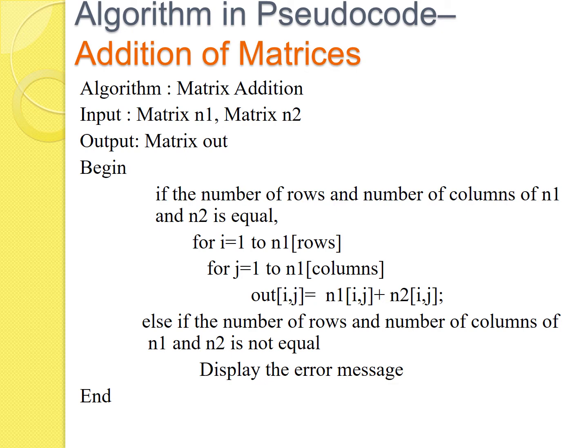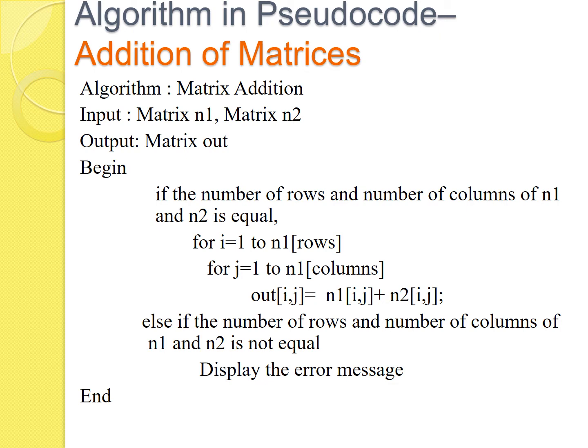Given here for addition of matrices, we have the if statement, which compares the number of rows with the number of columns for n1 and n2, and if they are equal, two for loops are used to browse across the rows and the columns of n1 and n2, and addition of each element of the same column and the same row of n1 and n2 is performed and stored in the matrix out.